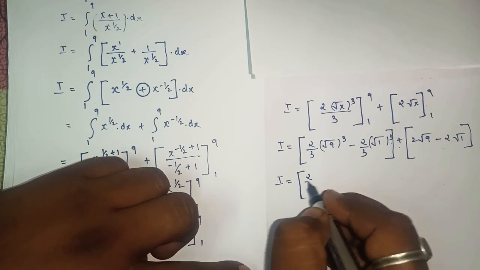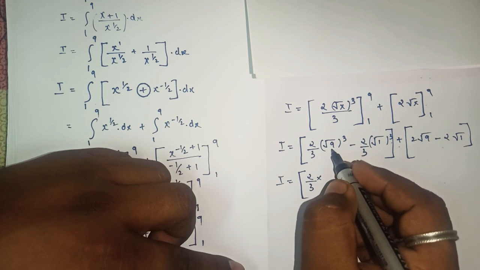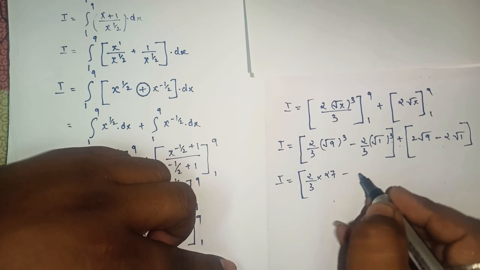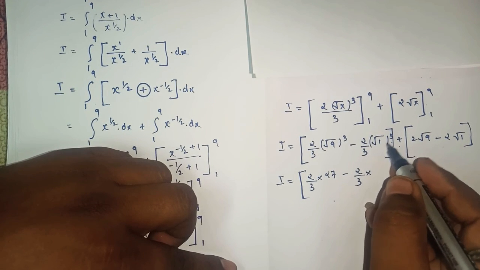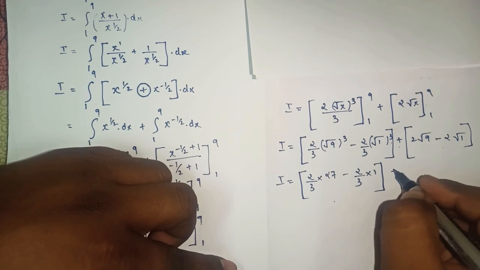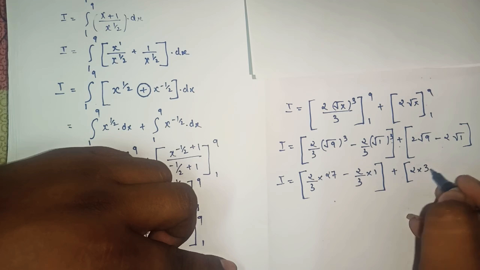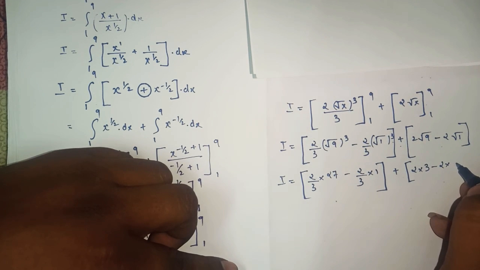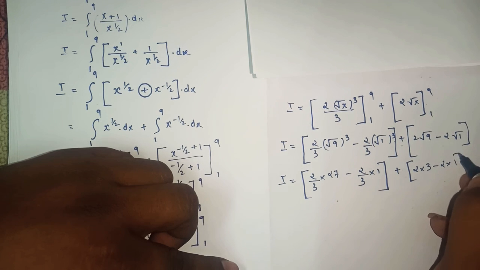So 2 upon 3, square root of 9 is 3. 3 cube is 27. 2 upon 3, square root of 1 is 1. 1 cube is 1. Square root of 9 is 3, yes or no. Square root of 1 is 1.